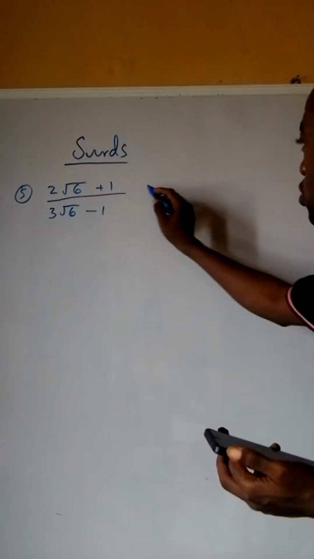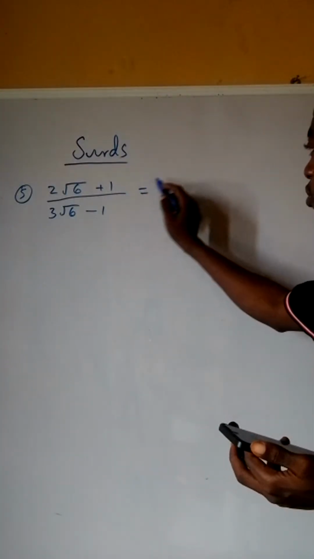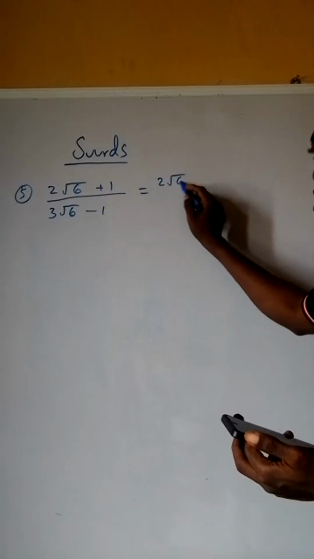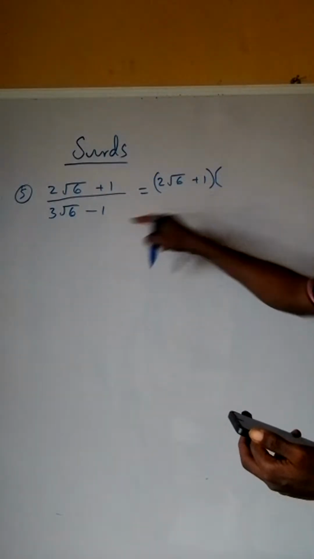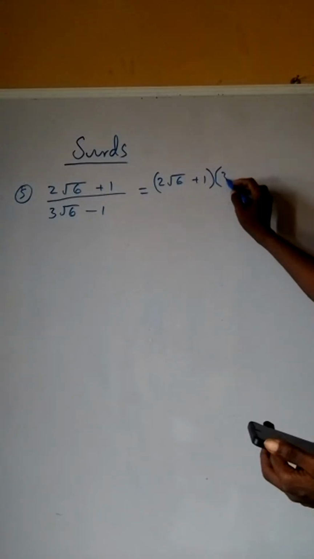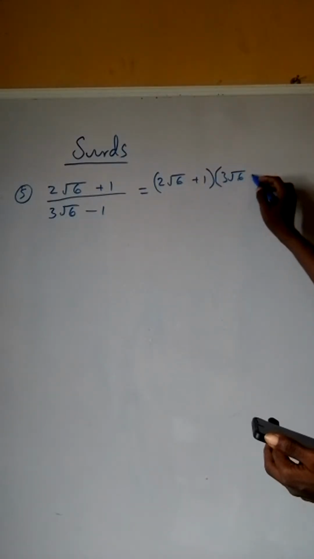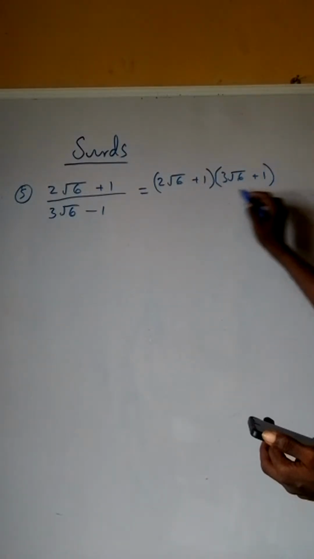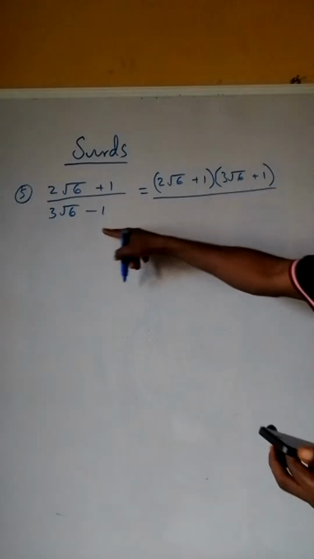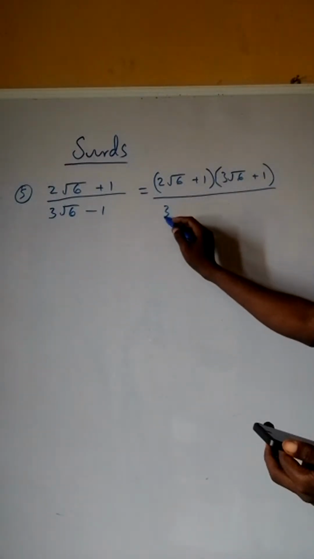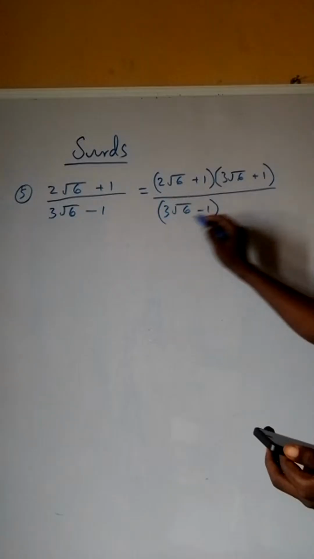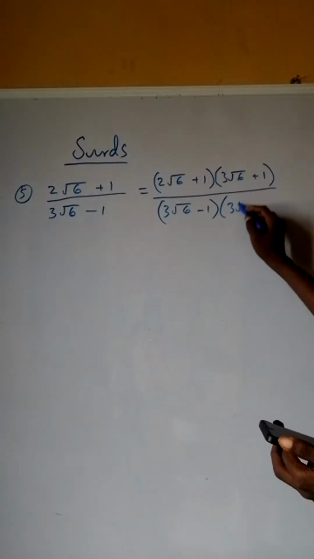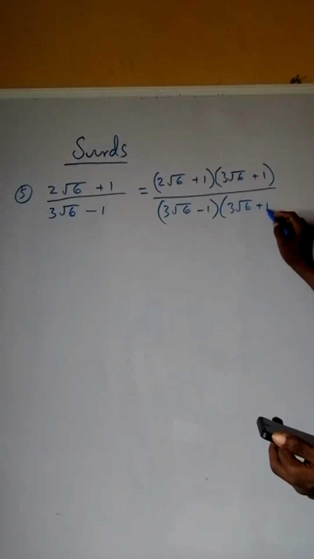And for this, also we rationalize and we have 2 root 6 plus 1 multiplied by the conjugate surd of the denominator, that's 3 root 6 plus 1. Then divided by 3 root 6 minus 1 times also 3 root 6 plus 1.